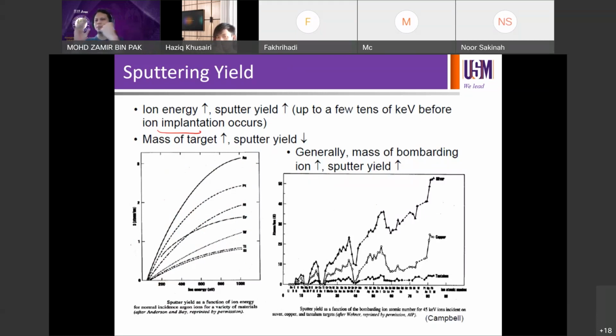Dia just implanted masuk dalam target je, tak keluar pun. Mungkin ada energy transfer dalam target itself, but then it doesn't dislodge the atom. So the target itself got implanted. So mass of target, if you have higher mass of target, the sputter yield drops. Okay, you can go back to the equation and now the energy transfer.